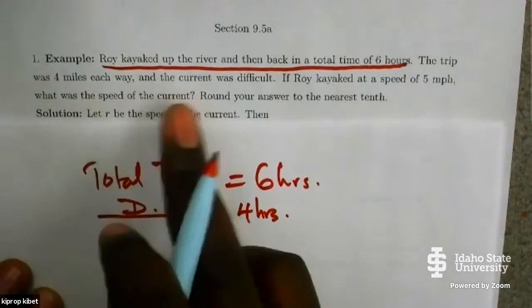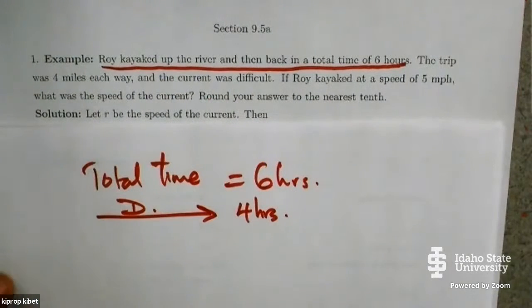Then, the current was difficult. So that means when he was going, it might have been easy, and when he was coming back, it might have been difficult, right? Either way, it can be that when he was going the current was difficult, or when he was coming back the current might have been difficult.